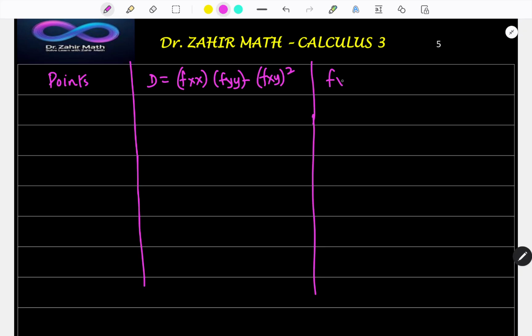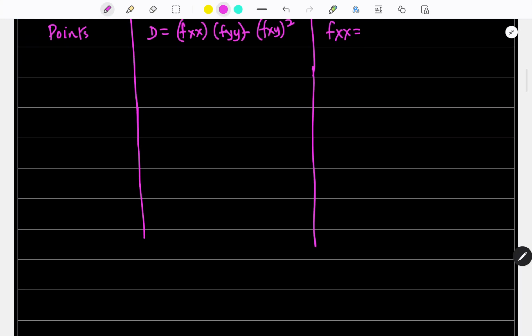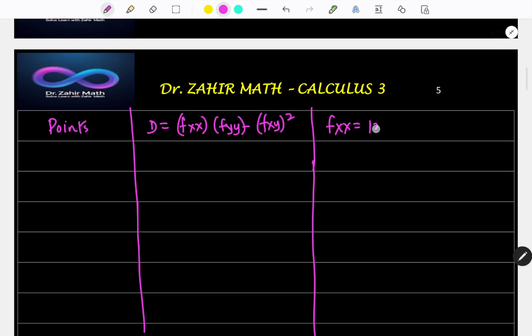After that you're going to calculate fxx, the second derivative, which is 12x square. And then you're going to take a decision whether it is maximum or minimum.